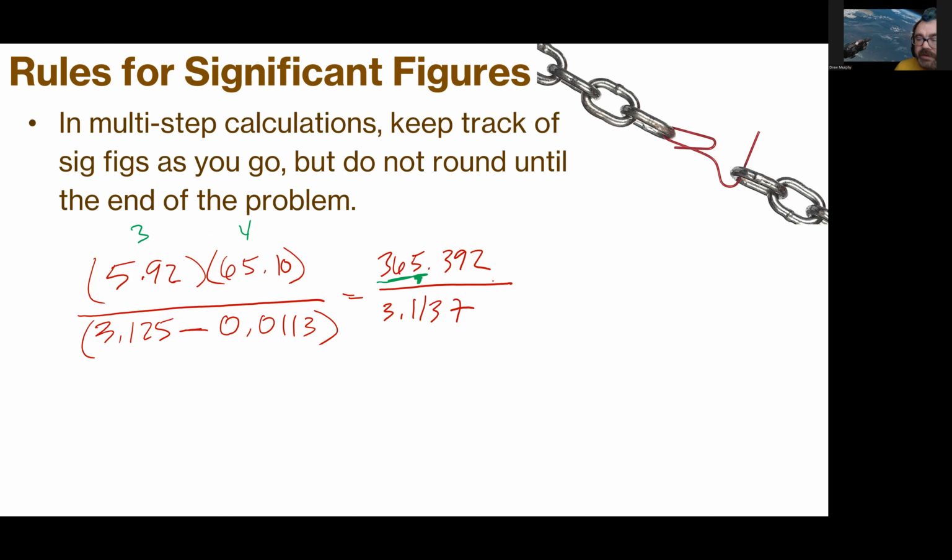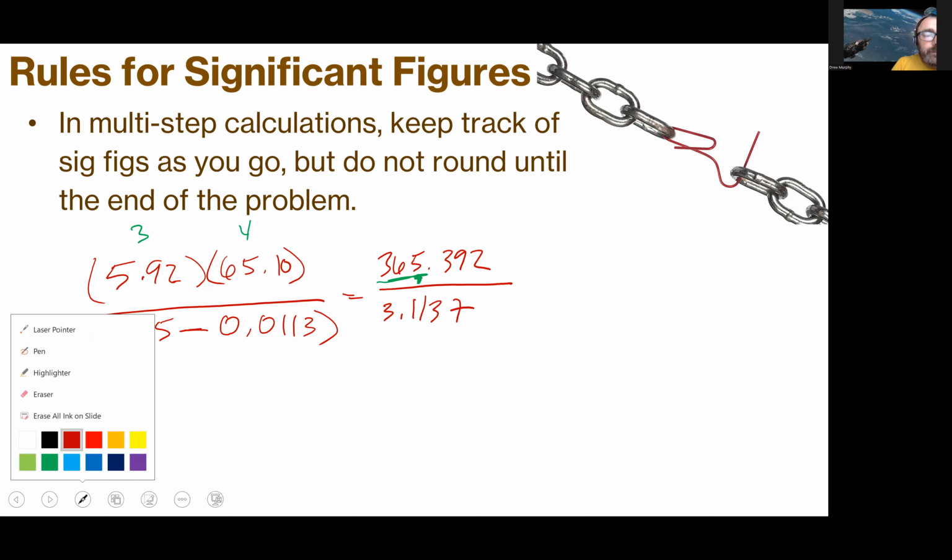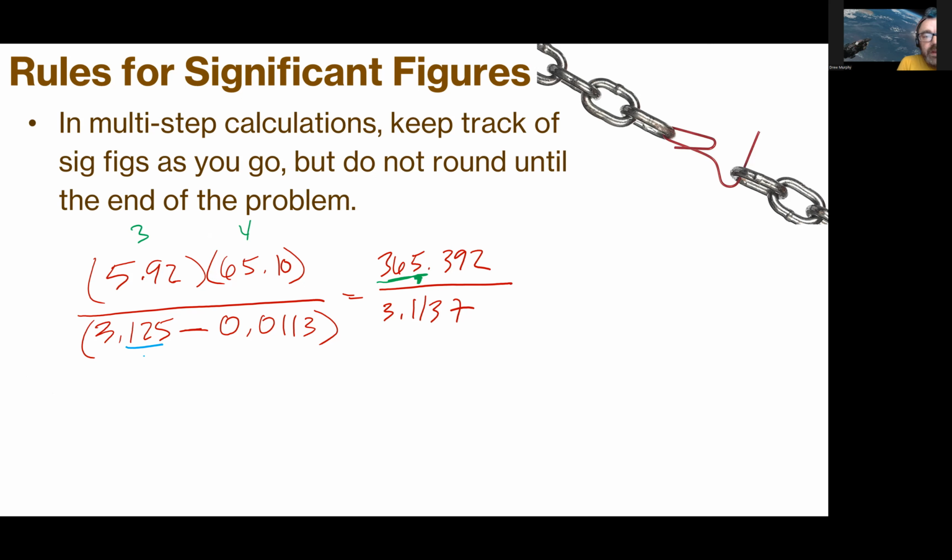That is 3.1137. Now think about our precision here. This one has 3 decimal places and this has 4, so the result needs 3 decimal places. Three decimal places means right there is where the number should stop. You still with me?